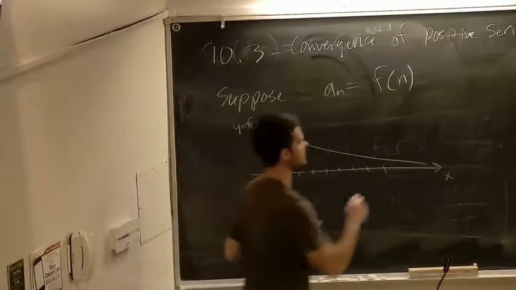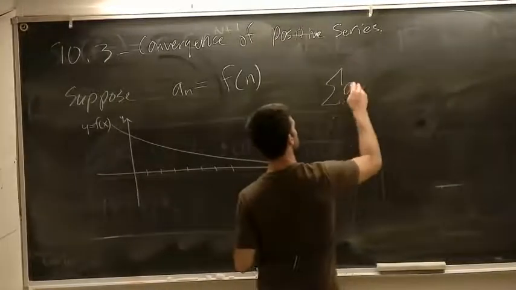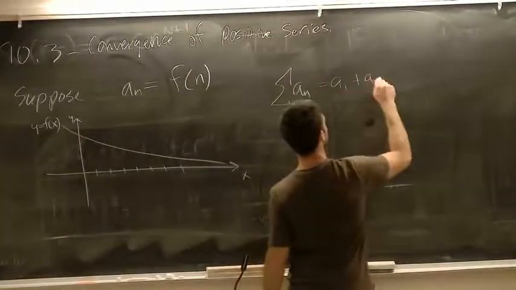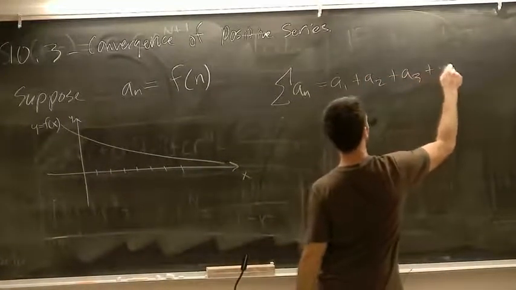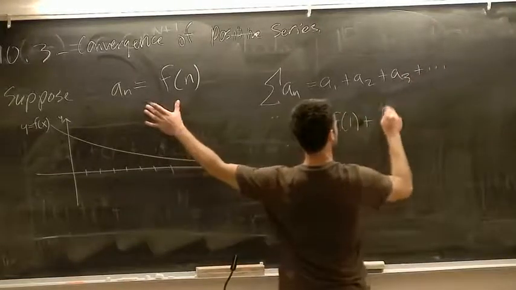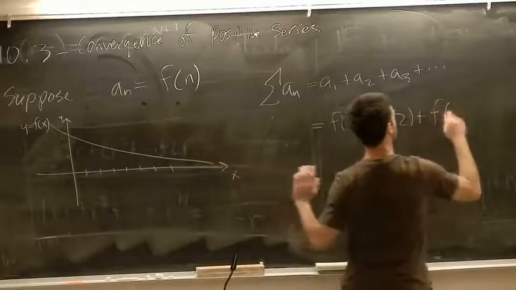And we're looking at the infinite series: a1 plus a2 plus a3 and so forth, which is the same as f of 1 plus f of 2 plus f of 3.